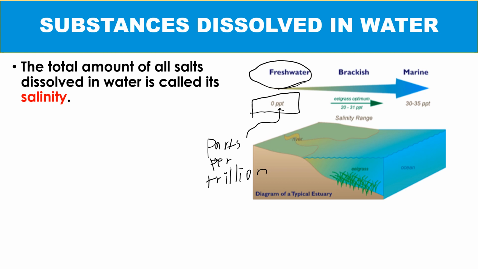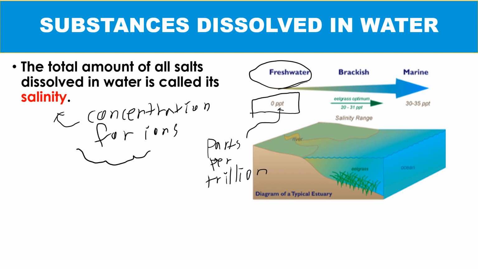Fresh water has almost zero salinity. Salinity is the level of the ions dissolved, including sodium, chloride, magnesium and so on. It's a concentration, if you will.